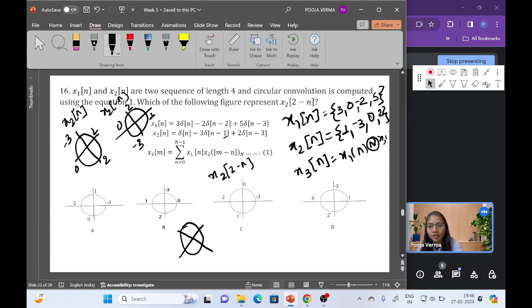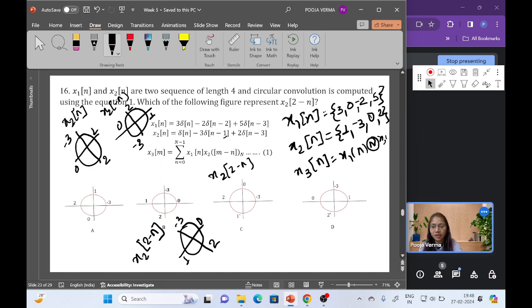Okay, if we rotate by 2 points, then this 0 will come here: 0, then -3, then 1, and then 2. Then every point will be rotated by 2 points. So what will be the correct answer? This is a rotation of x2 of 2 minus n.